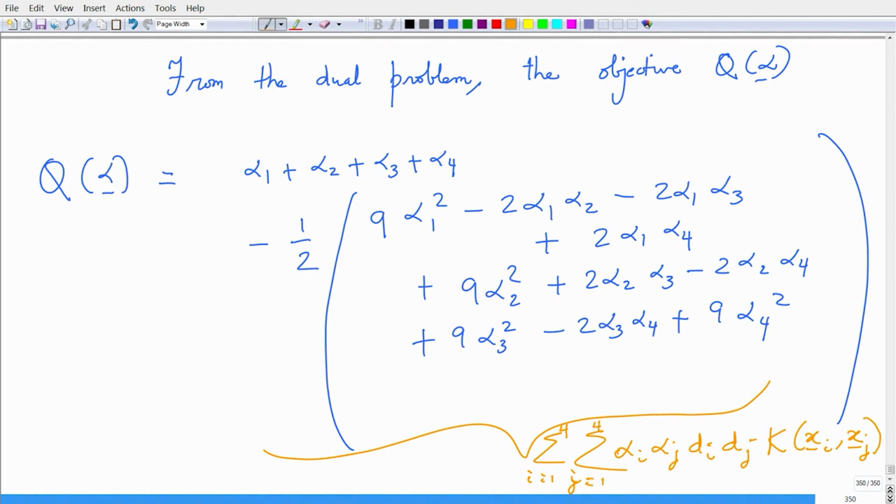This half sticks out here, and the terms inside are basically from this double summation.